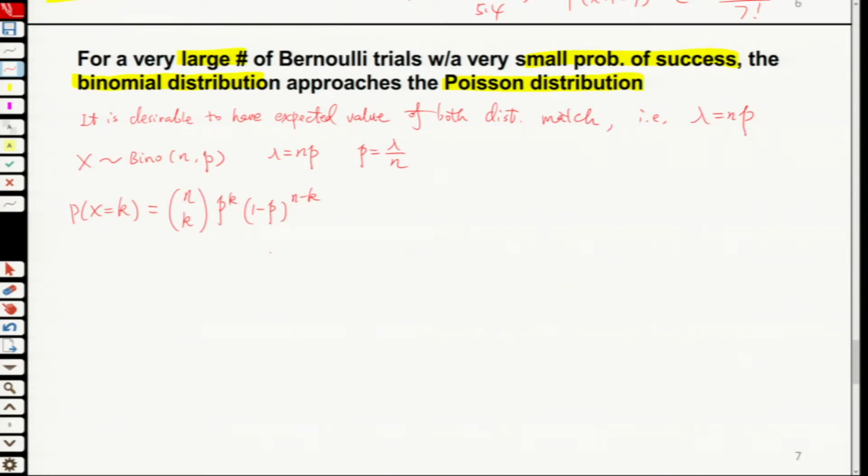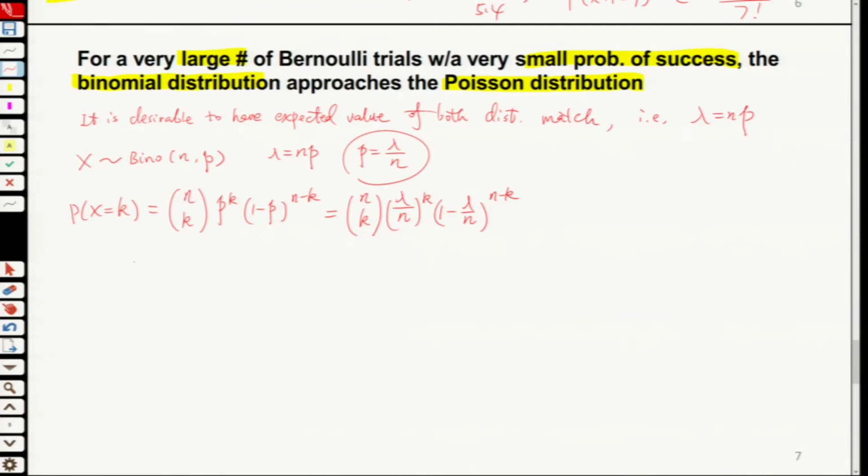What's the probability? So since we are trying to derive the Poisson, we replace p with lambda over n. Then we are going to have n choose k, (lambda over n)^k, (1 minus lambda over n)^(n minus k).